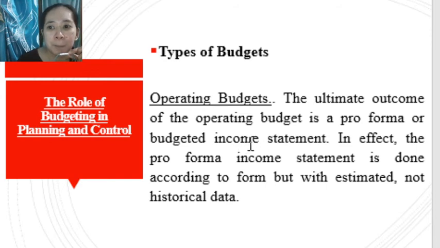In effect, the pro forma income statement is done according to form, but with estimated values, not based on historical data. Please take note that we are doing a budget, meaning we are doing planning. Planning means there is no performance yet of any activities, so we have no historical data. This is based on estimated values.